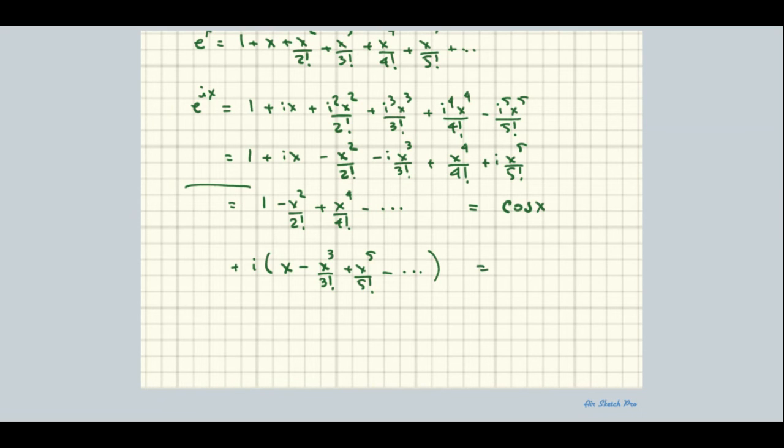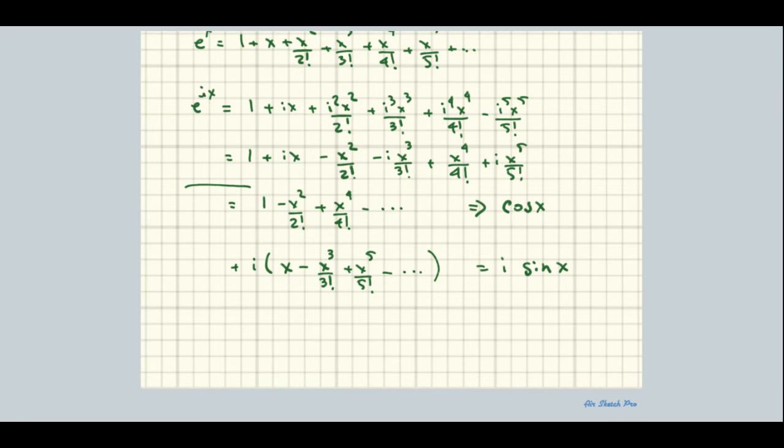And this is i times the Taylor series for sine x. And the Taylor series converges to the function inside its radius of convergence, and its radius of convergence is infinite for all x.